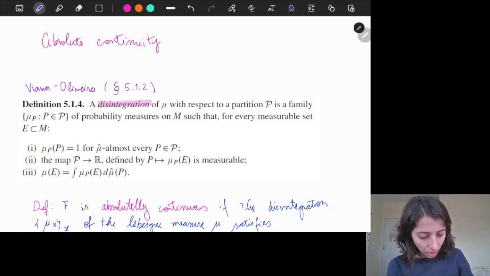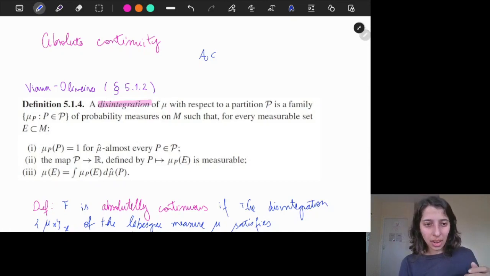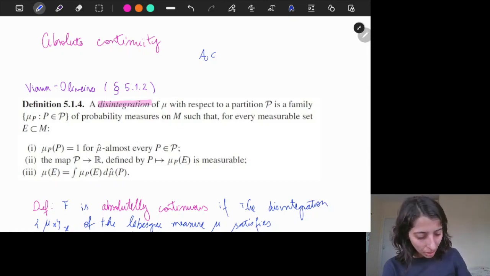So a set of subsets of our measurable space that are contained in the partition. So A inside P is measurable. This is the definition.